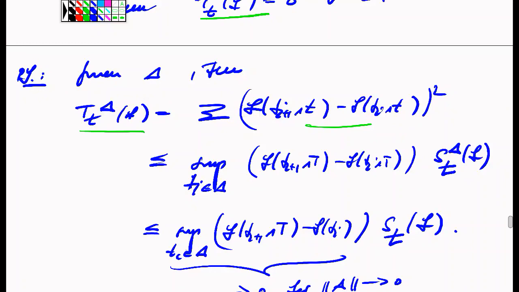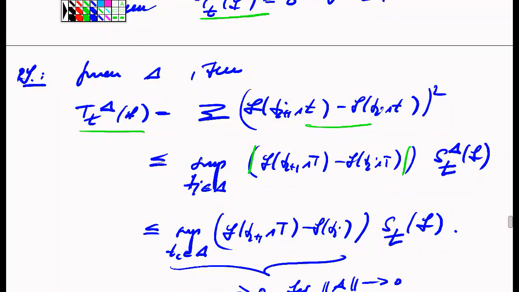Now in this sum I can of course take out the supremum of the absolute value of the function f increment. So I have a sum of increments squared, and in each of these products I can estimate one of the two factors by just the maximal increment that I will observe in all this sequence of increments.